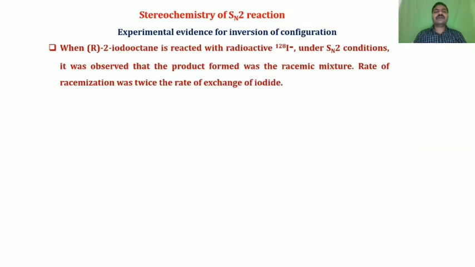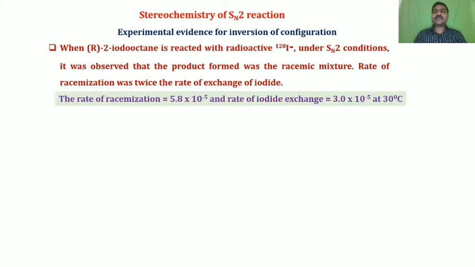Then the second evidence is that when R-2-iodooctane is reacted with radioactive iodine-128 iodide under SN2 conditions, it was observed that the product formed was a racemic mixture, and the rate of racemization was twice the rate of exchange of iodine. The rate of racemization is 5.8 into 10 raised to minus 5, and the rate of iodine exchange is 3 into 10 raised to minus 5 at 30 degrees Celsius.